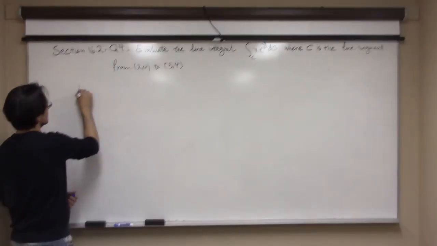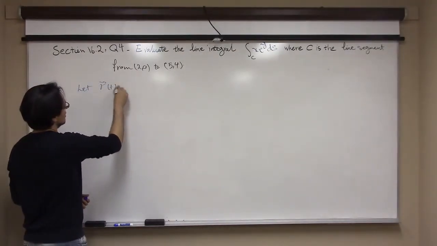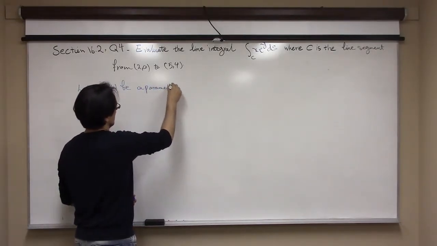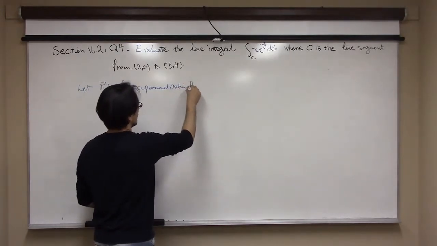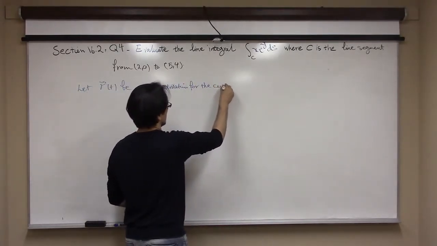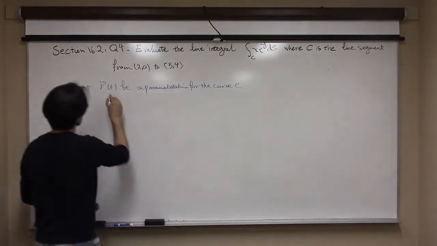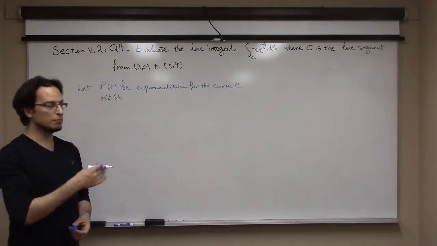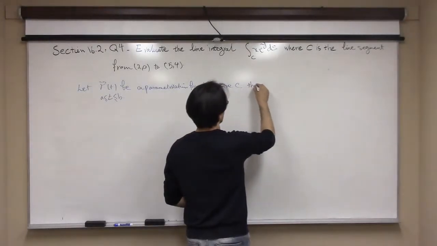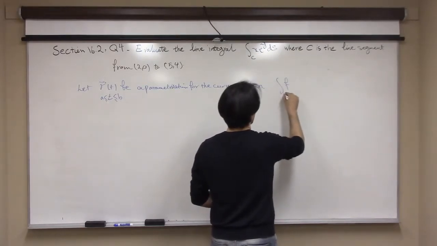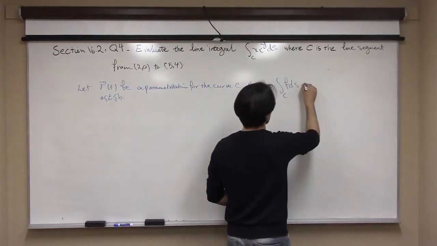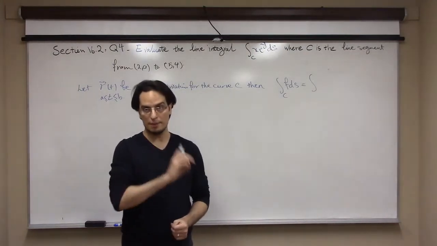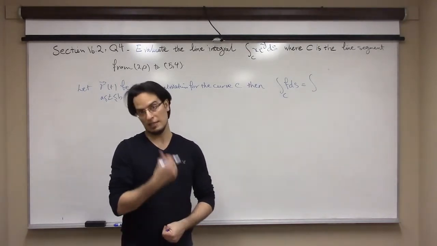Let r(t) be a parameterization for the curve C, where t goes from some number a to another number b. Then the integral of f ds is nothing but we have to apply 3 steps to get a regular integral and then evaluate that.